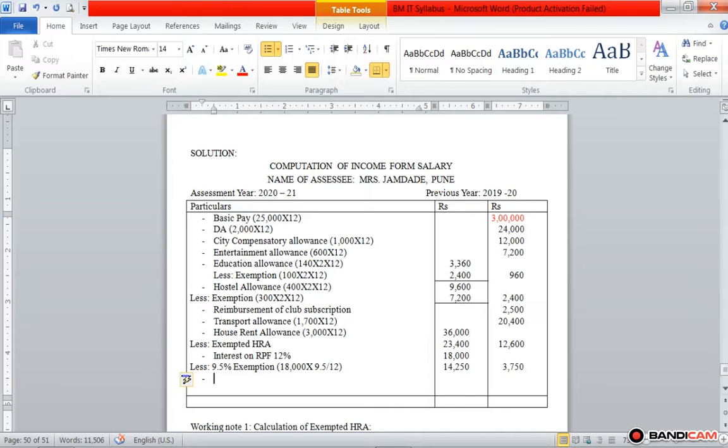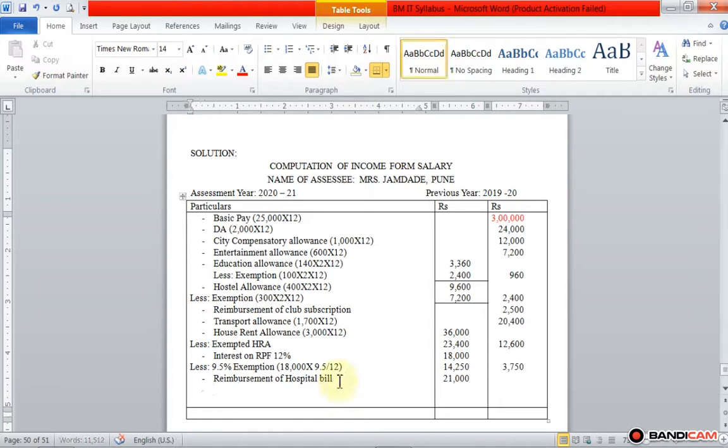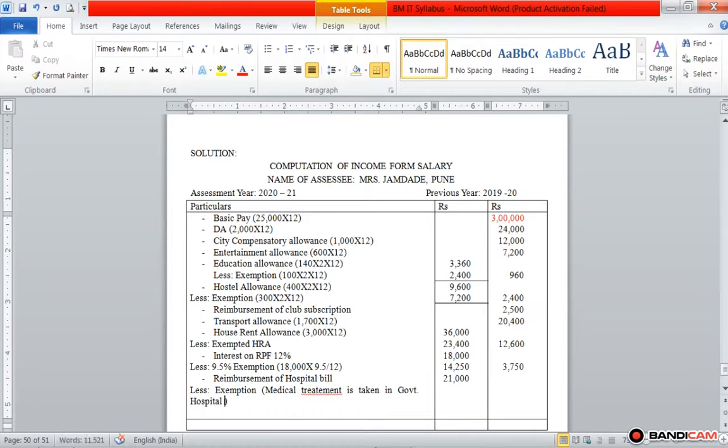So here reimbursement of hospital bill amounted to rupees 21,000, less exemption, as medical treatment is taken in a government hospital. In the outer column the amount is nil.